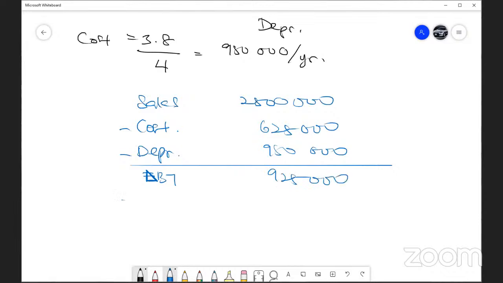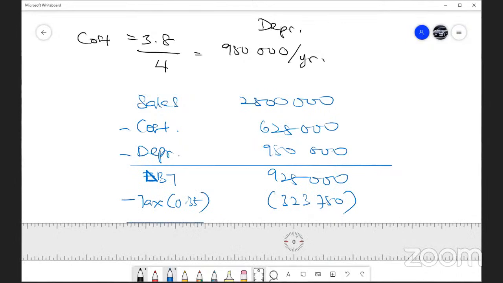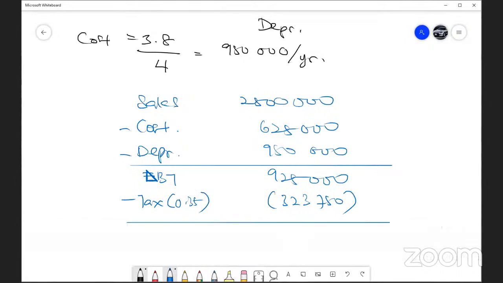$925,000. Then minus your tax at how much? 35%. 35% of 925,000 is 323,750. Deduct that, you get your net income, 601,250.